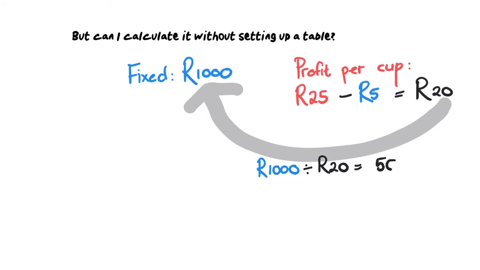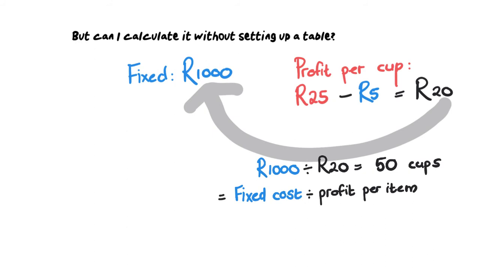And this will give me 50 cups, which is exactly what I got in the table on the previous page. What I did here was take my fixed cost and divide it by my profit per item in order to get the break-even amount. This is therefore my break-even formula.